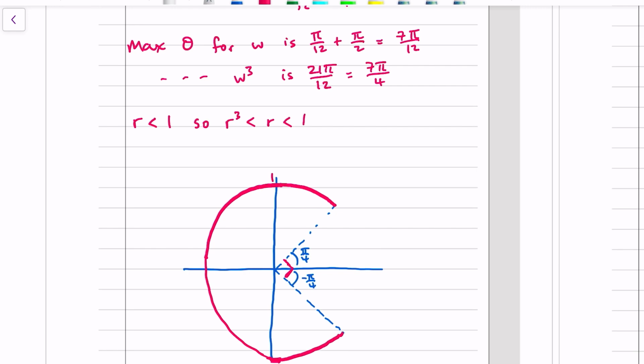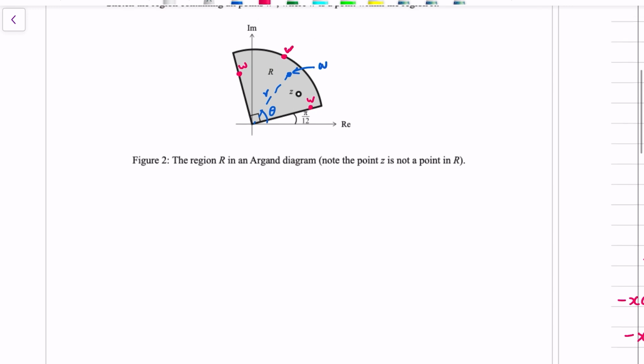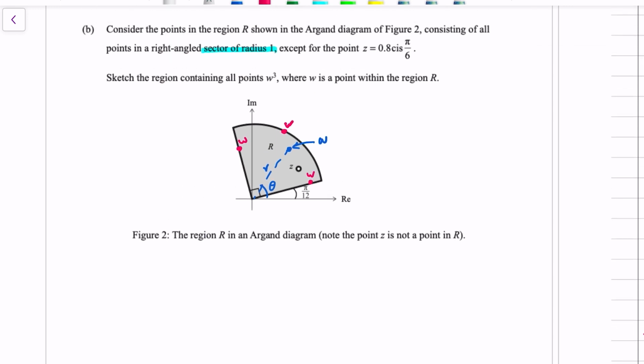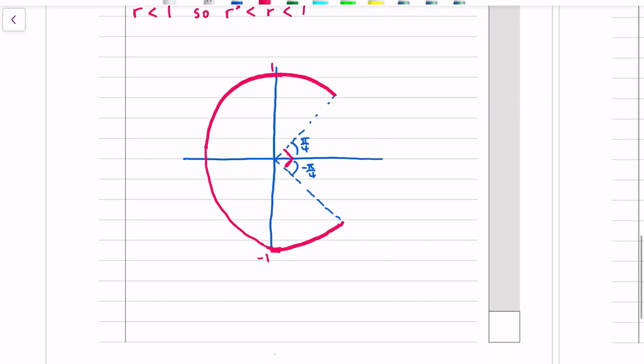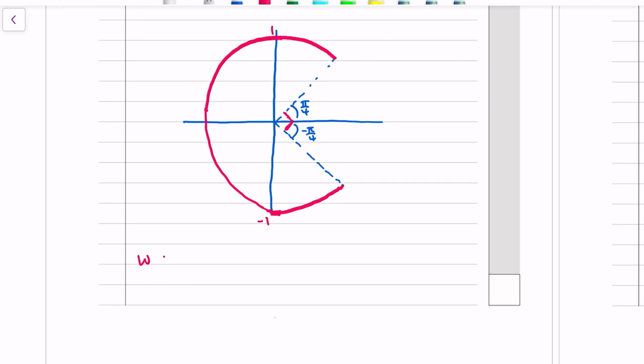Cool, and then we've got that missing point, that point z that wasn't allowed, 0.8 cis pi over 6. So we need to exclude that from our region. Remember that w didn't equal 0.8 cis pi over 6. The w cubed therefore can't equal 0.8 cubed cis 3 pi over 6.